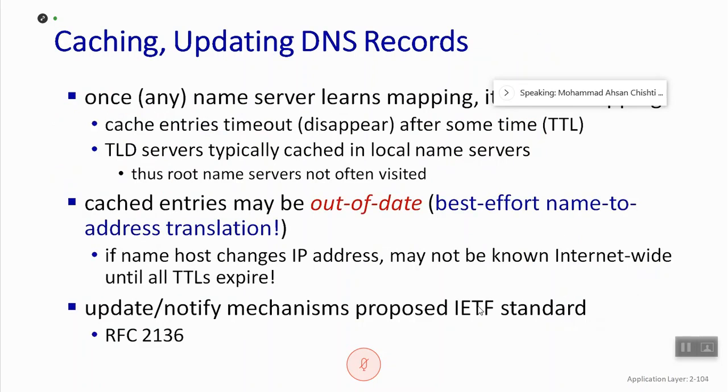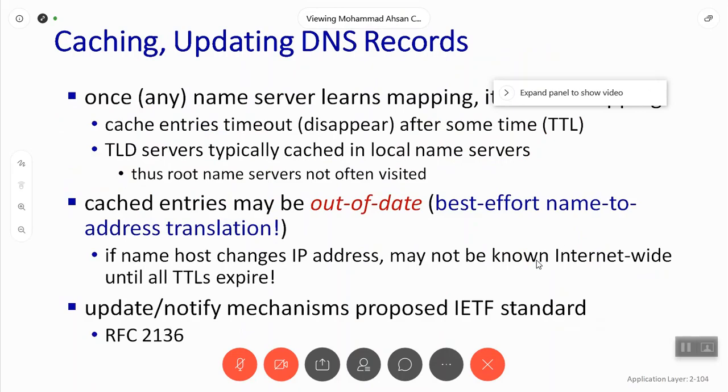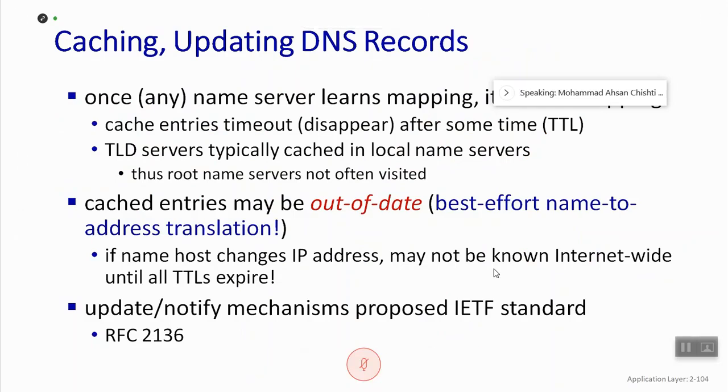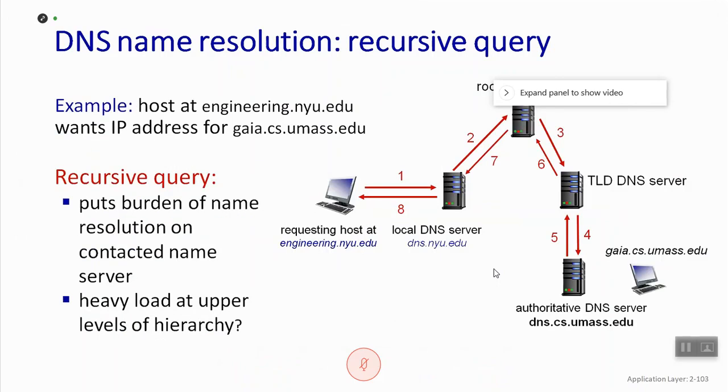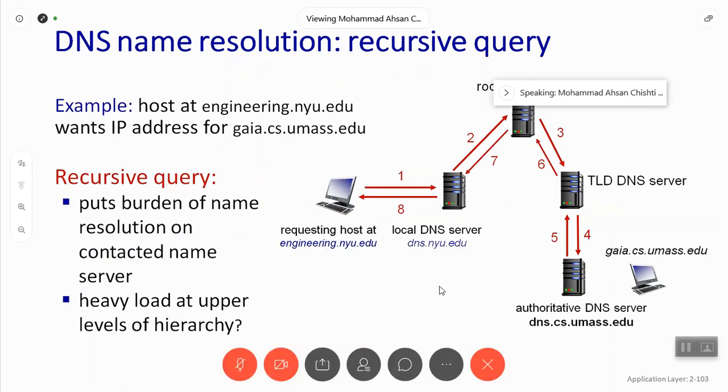Like we had in the previous one, cookies as well as caching. So we have caching and updating of DNS records here as well. There are local DNS servers here, as is mentioned here. Once you get the address of cs.umass.edu, your local DNS would cache this DNS name.